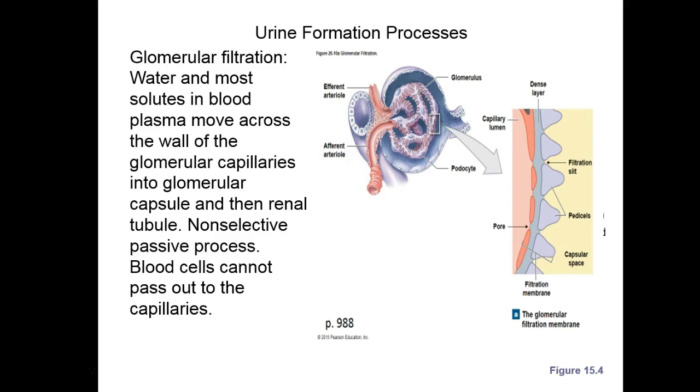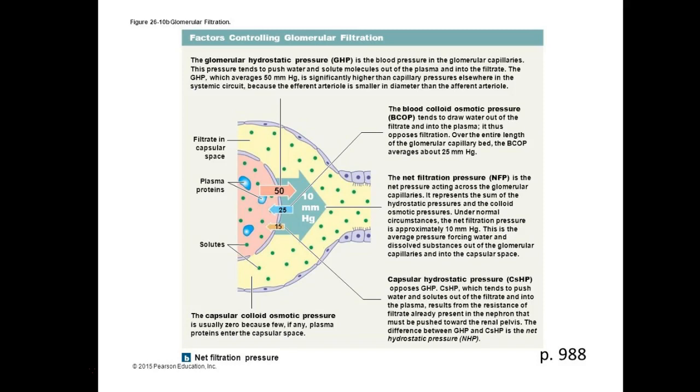Blood cells usually cannot pass out of these capillaries. Things that control glomerular filtration rate, or just control the filtration, have to do with pressure. So it's a passive process, and we know in passive processes, things go from high concentration to lower concentration.